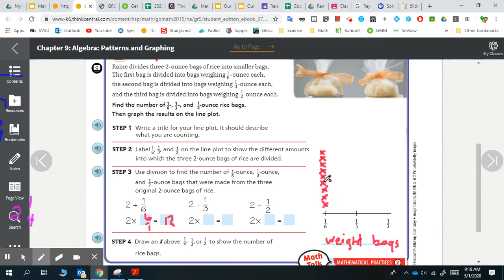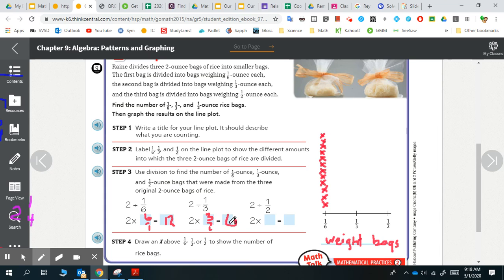So we've got 1, 2, 3, 4, 5, 6, 7, 8, 9, okay, 10, 11, 12, okay? And if we divide 2 divided by 1/3, this flips to 3/1.